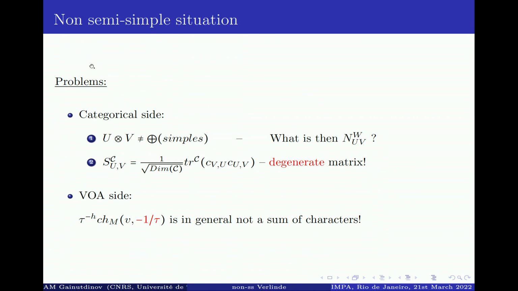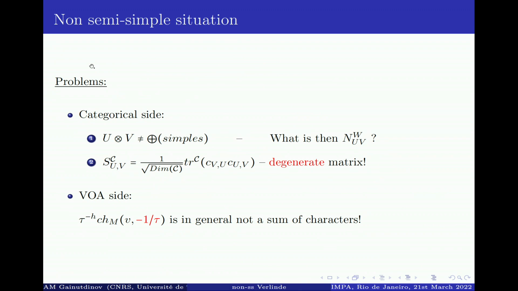Now, in the non-semisimple situation, of course we have problems. First of all, the tensor product of simples is not necessarily decomposed into simples. So typically you would have some other objects which will be indecomposable but reducible, so it's not immediately clear what we should call fusion rules.